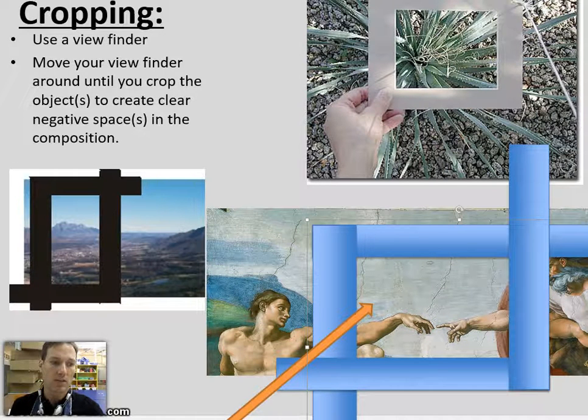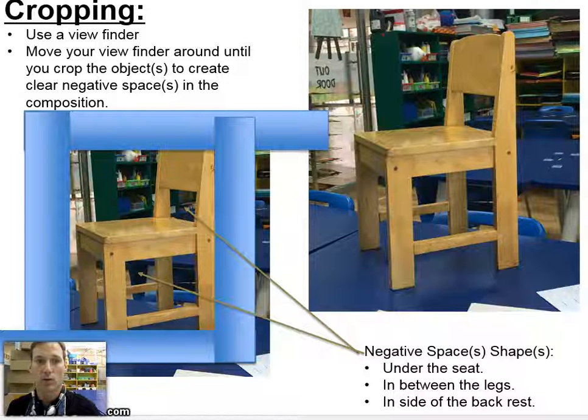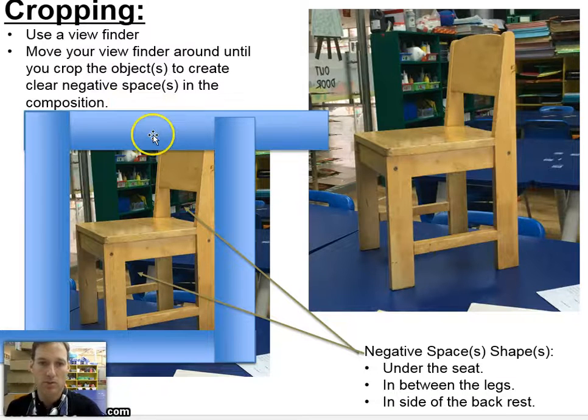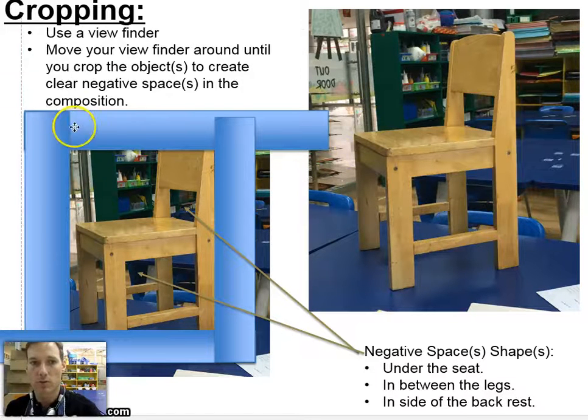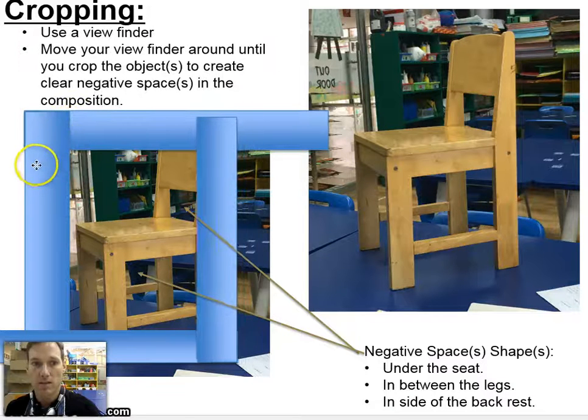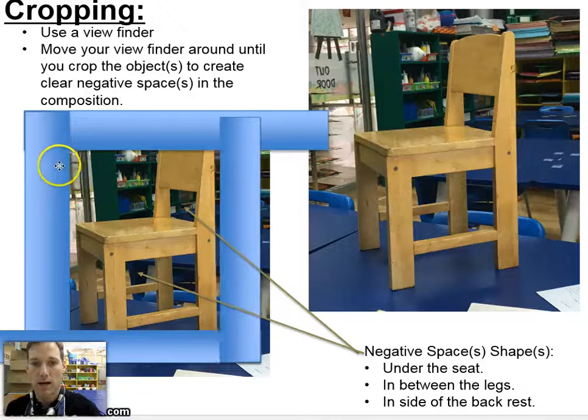Okay, that being said, today in your homework, you're going to be creating a drawing of negative shape and negative space, and you'll need to use a cropping tool to crop the edges of your boundary. Now, we are going to be drawing a chair, and in my demonstration that I'm just about to show you, I draw this chair, and when I'm using my cropping tool in the lesson, I'm going to be cropping about here.